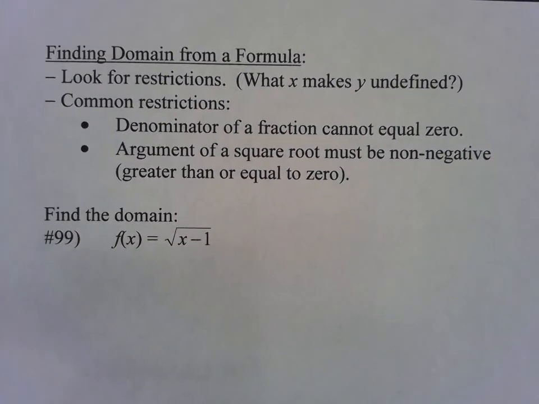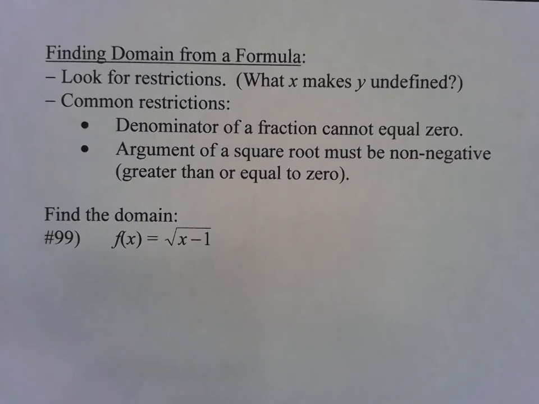Now let's talk about an equation. We're not going to ask the question, is this equation representing a function? We could, but we're not going to do that. What we are going to ask, though, is for you to find the domain for certain types of functions that are written as an equation.